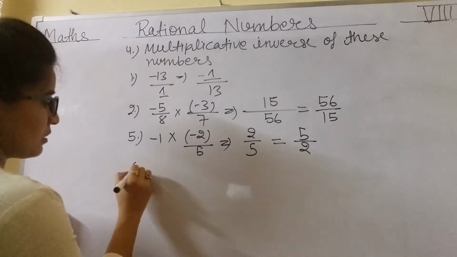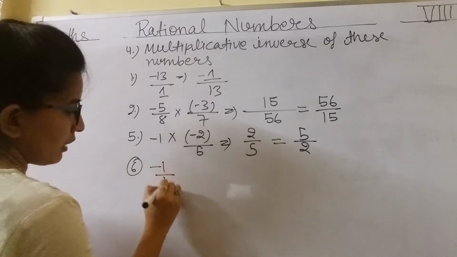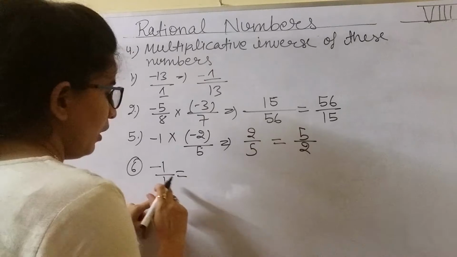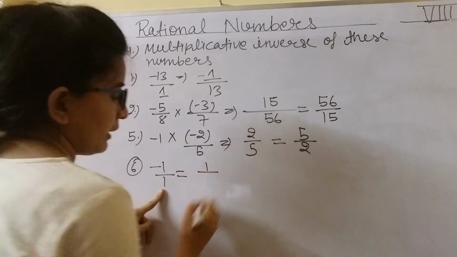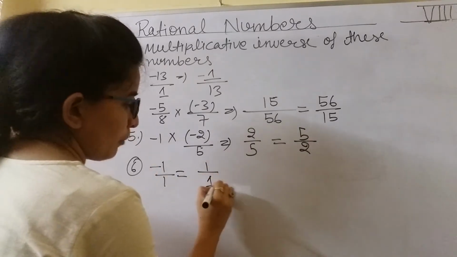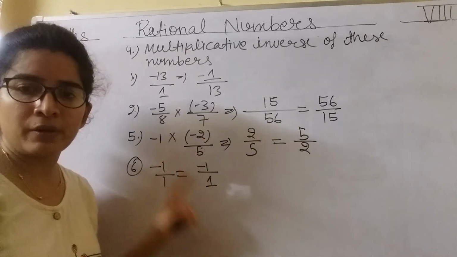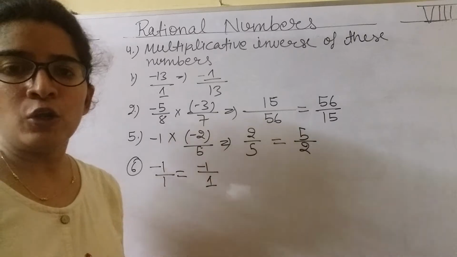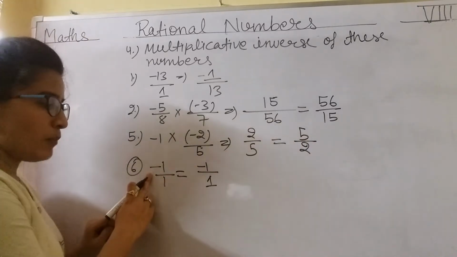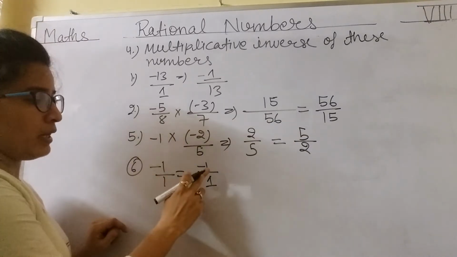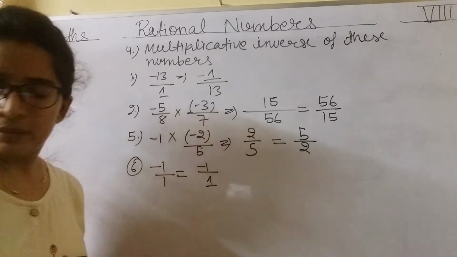Now the next is the reciprocal of minus 1/1. The denominator will take the place of the numerator and the numerator will take the place of the denominator, but the sign of minus will always remain in the numerator. So the reciprocal of minus 1 upon 1 is minus 1 upon 1.